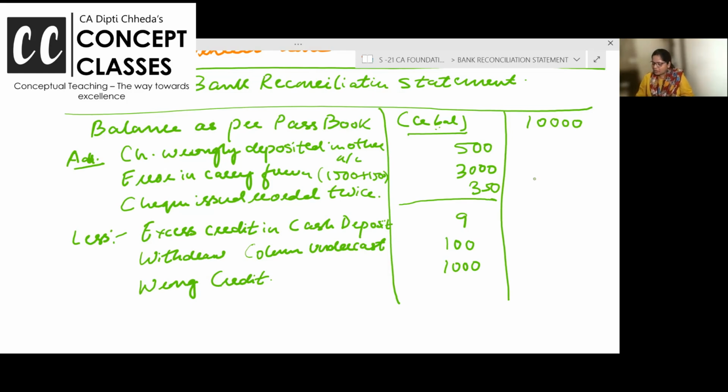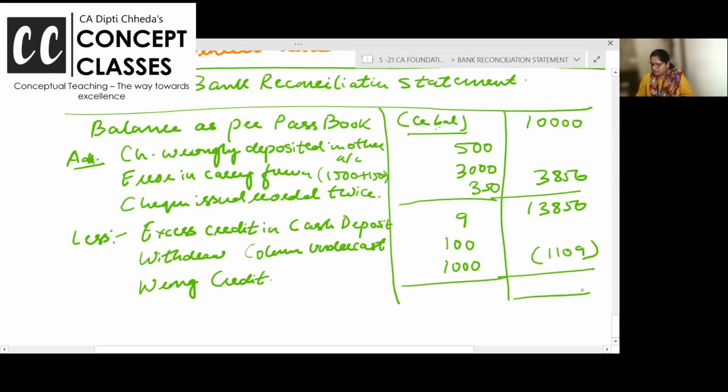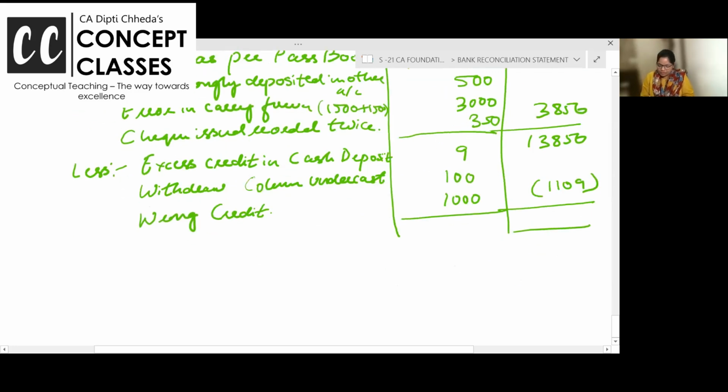What is the add total you are getting? 3850. So 13850. And less total is 1109. So the balance as per cash book, normal debit balance as per cash book, favorable balance as per cash book.